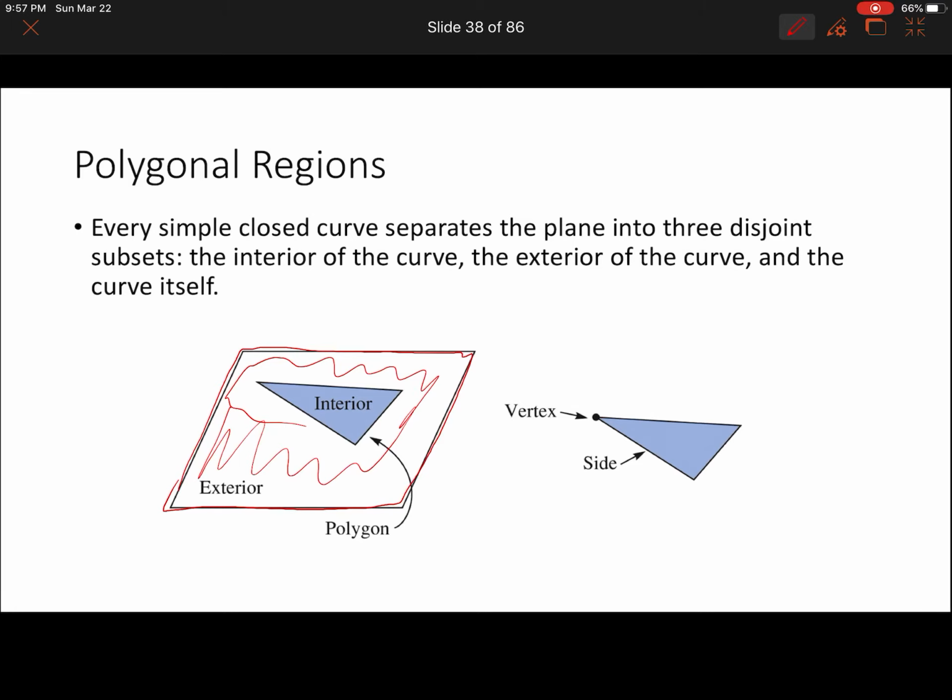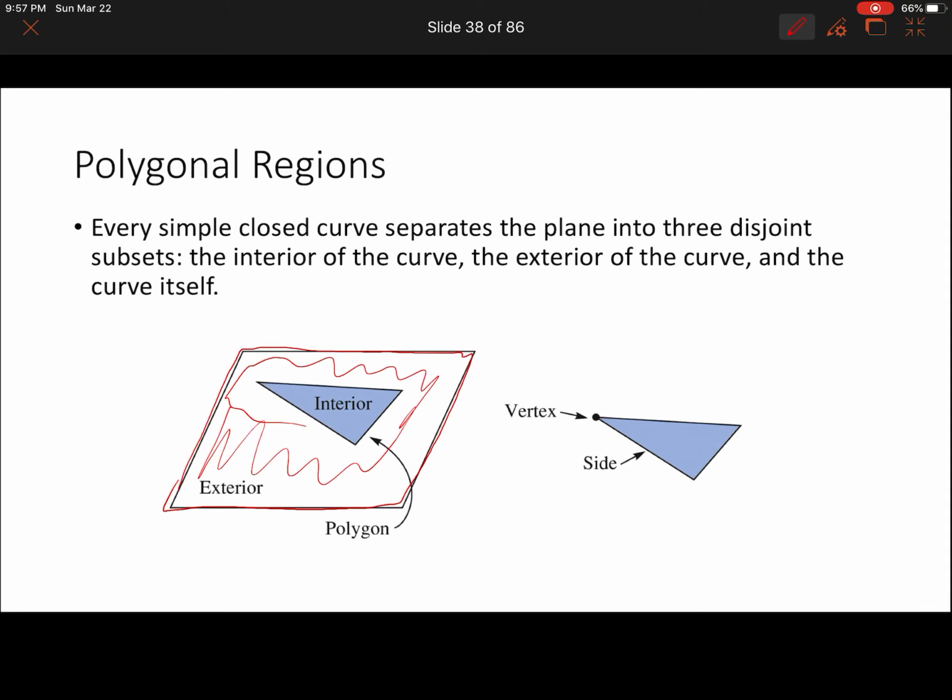We're going to talk about some angles later that are inside the polygon. We may talk about angles that are outside the polygon, or other things that are outside the polygon. And then we're going to talk about the polygon itself. And so when a polygon is sitting in a plane, it has three distinct parts: exterior, interior, and then the curve itself, or the polygon itself.